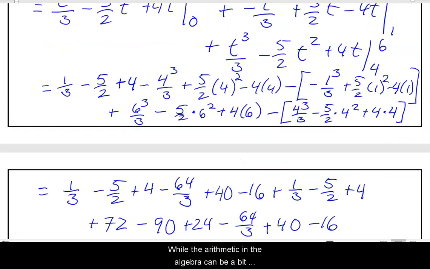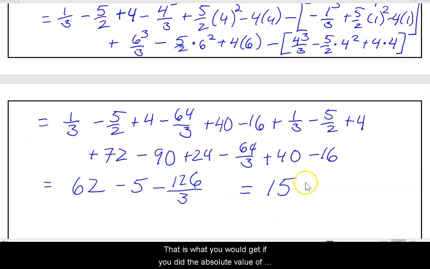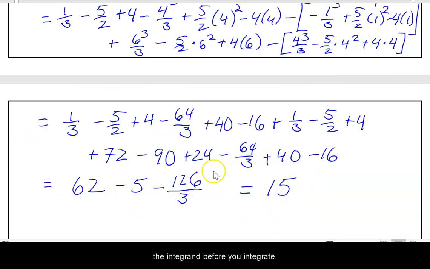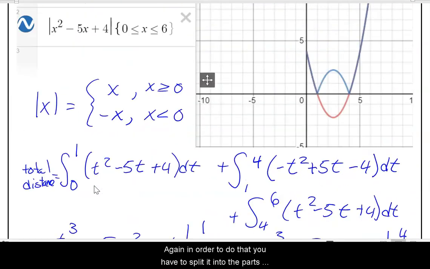While the arithmetic and the algebra can be a bit challenging, I hope that you did finally come up with a value for the total distance traveled of 15. That is what you would get if you did the absolute value of the integrand before you integrated. Again, in order to do that, you have to split it into the parts that were originally above, which you can integrate as normal.